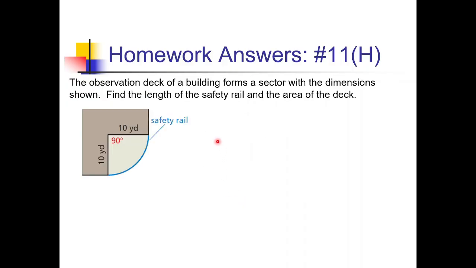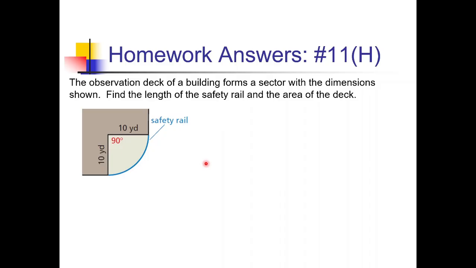For this problem, we have the observation deck of a building that makes a sector with these dimensions shown here. So it's a 10 by 10, 90 degrees, and here's our safety rail. They want the length of the safety rail and the area of the deck, which are perfectly legitimate questions to ask about in terms of building things. So for the safety rail, we're asking for the arc length.